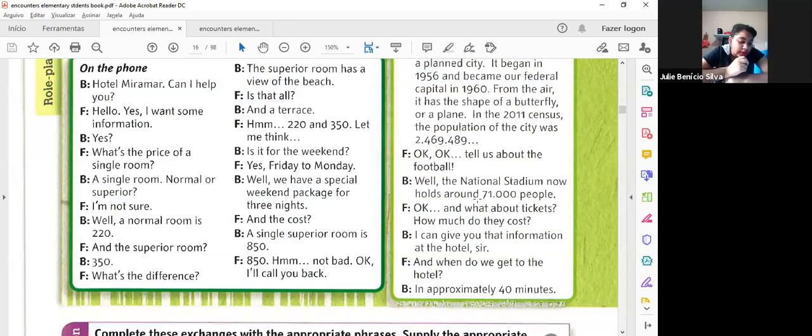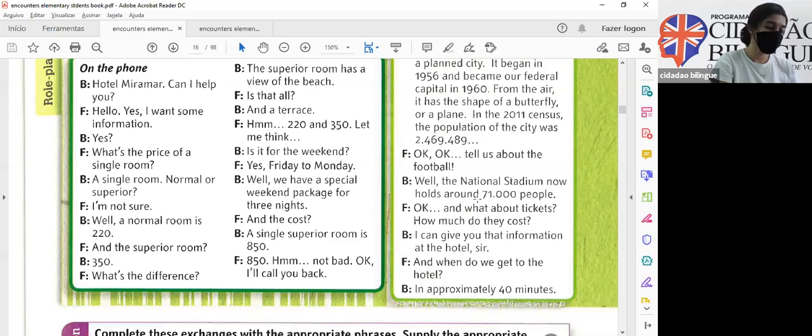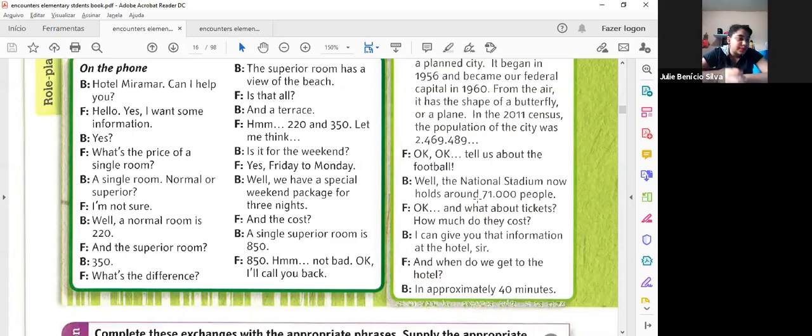Okay, and what about tickets? How much do they cost? I can give you that information at the hotel there.